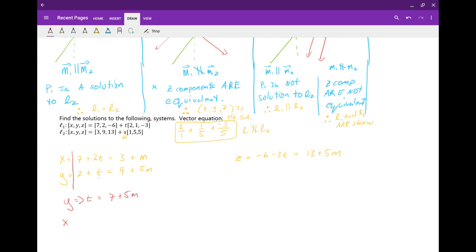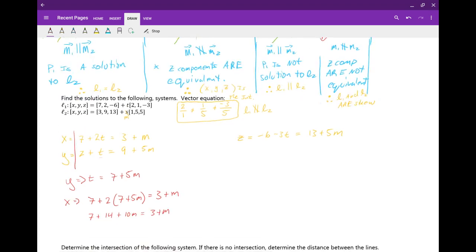And now in my x equation, I'm going to get 7 plus 2t, but remember t is 7 plus 5m, equals 3 plus m. And now I'm going to get 7 plus 14 plus 10m equals 3 plus m. I'm going to maybe isolate for m here.